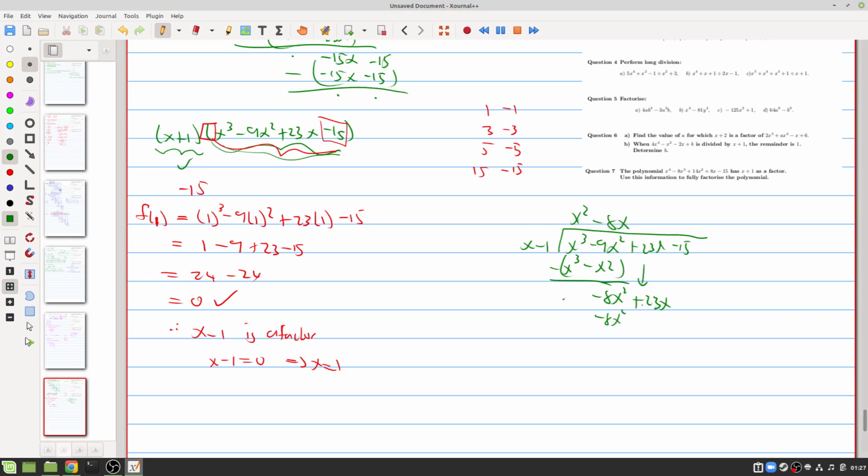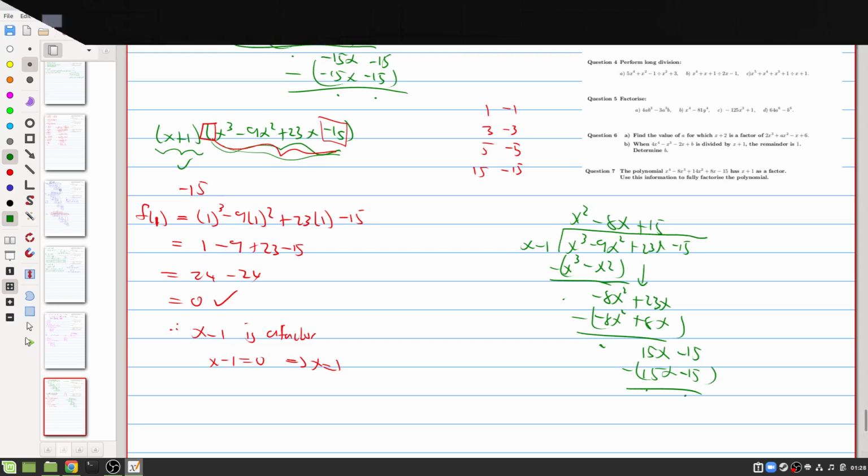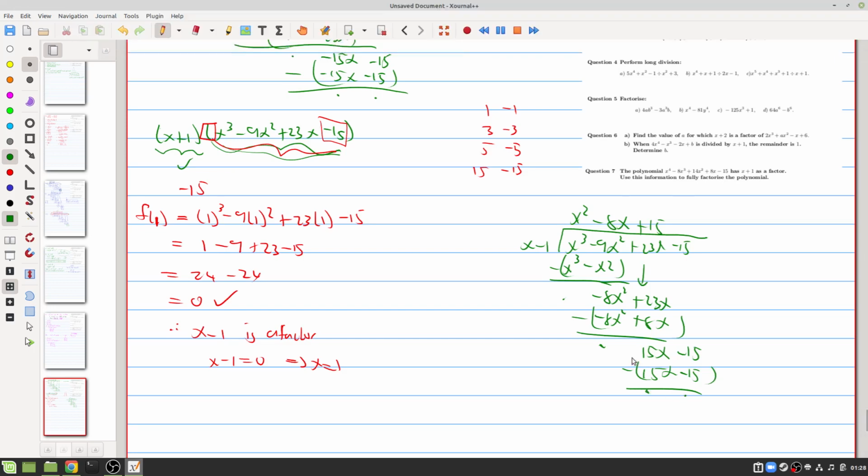And then minus 8x times negative 1 is plus 8x. Subtract. So that's nothing. 23 minus 8 is 15x. Bring down the minus 15. 15x divided by x is plus 15. So then multiply that back in and subtract. And we get 0, remainder 0, so that's correct.